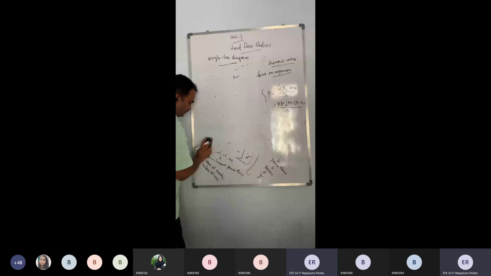And the second one, what is a bus? The bus is nothing but a physical point in the power system, or any point in the power system where two or more elements are interconnected.